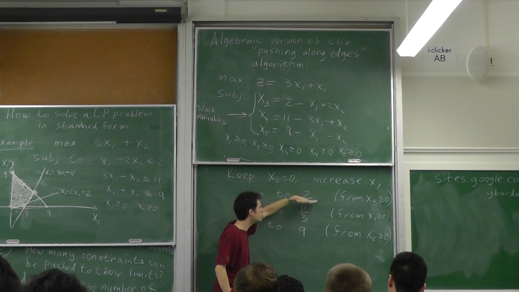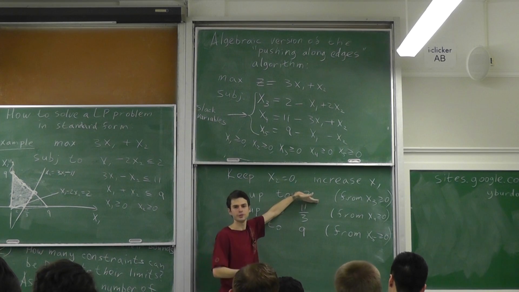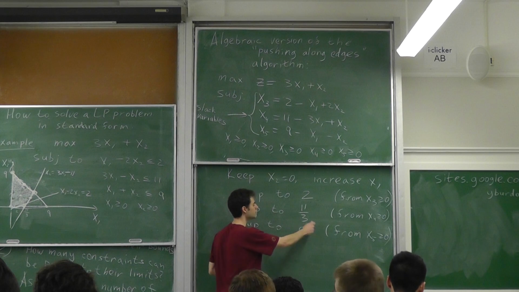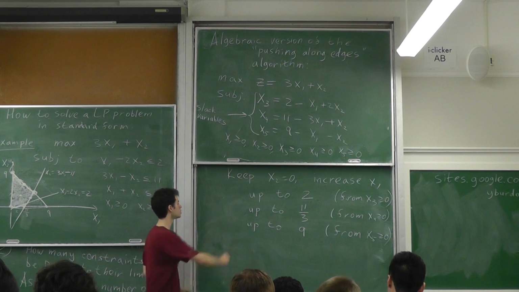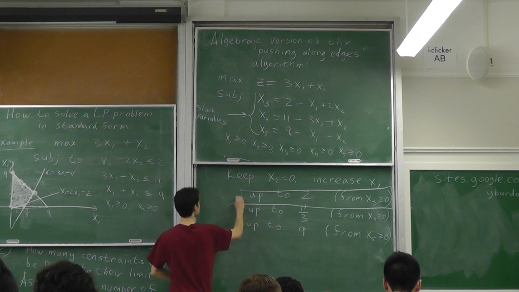Once you increase it only up to 2, automatically you did not increase it all the way up to 11 over 3, which is a little bit bigger than 3, or all the way up to 9. So this one is the strictest.